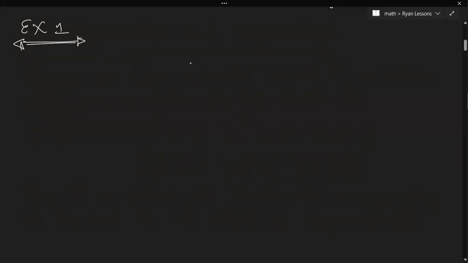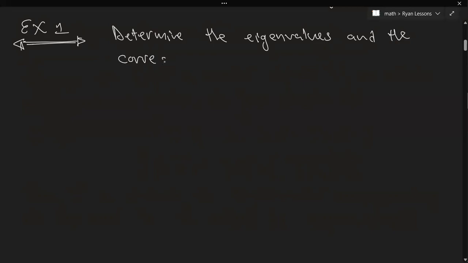Let's look at this example, which says: determine the eigenvalues and the corresponding eigenvectors of the matrix.